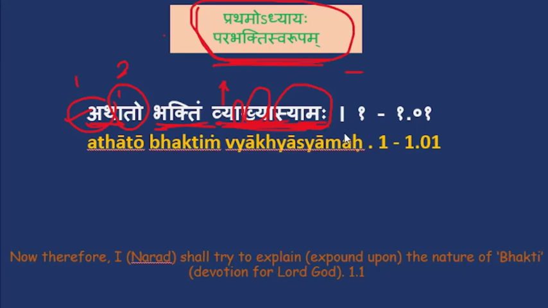So the word is Syamaha. Syamaha stands for we. So whatever I learned from my seniors, my gurus, I am going to explain specially with continuations. About what? About Bhakti. Bhakti means devotion.